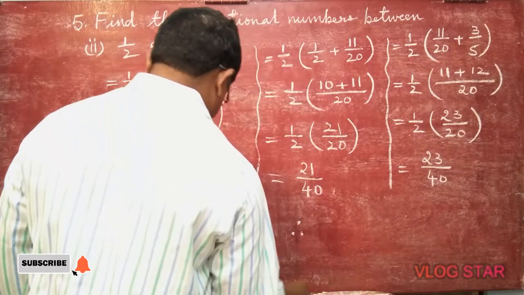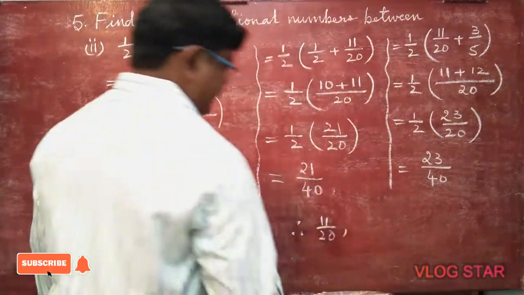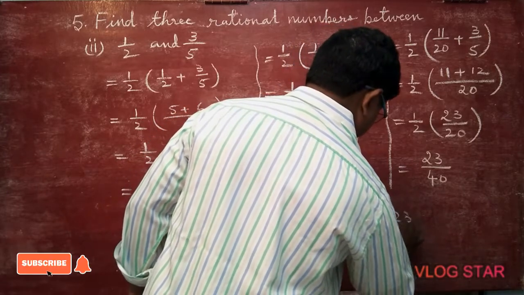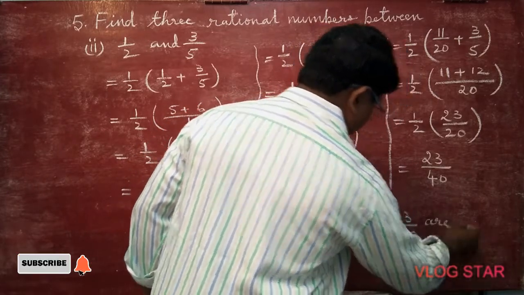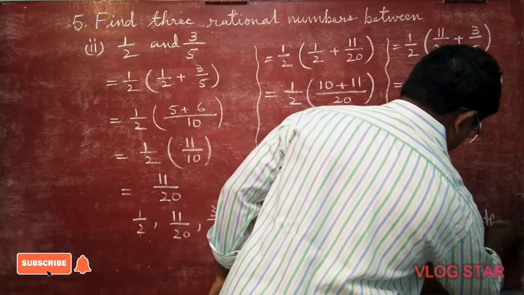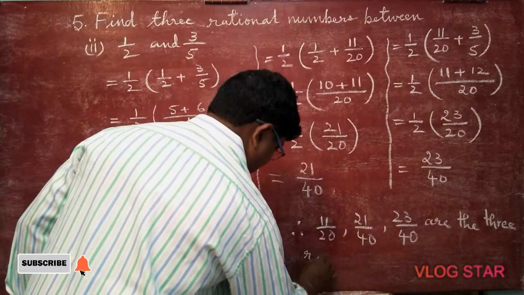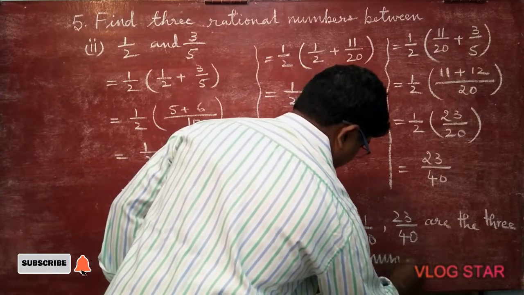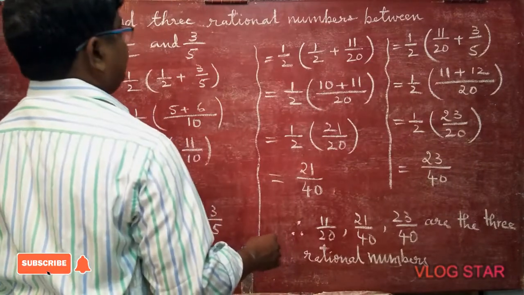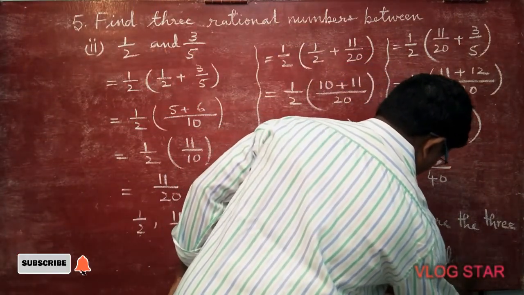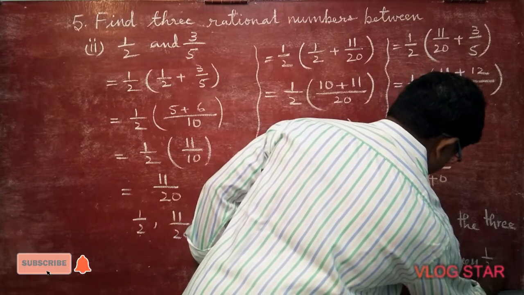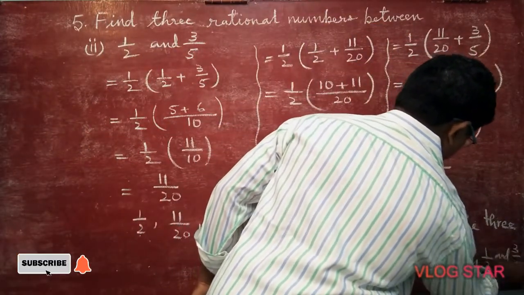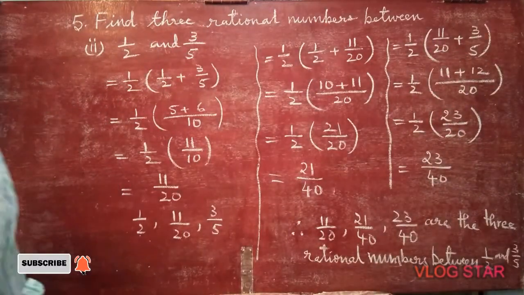Therefore, 11 by 20, 21 by 40, 23 by 40 are the 3 rational numbers between 1 by 2 and 3 by 5. That is the conclusion.